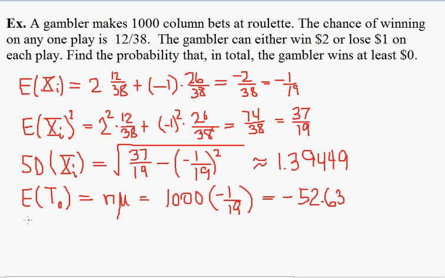The standard deviation for the total is equal to sigma times the square root of n, according to the central limit theorem.